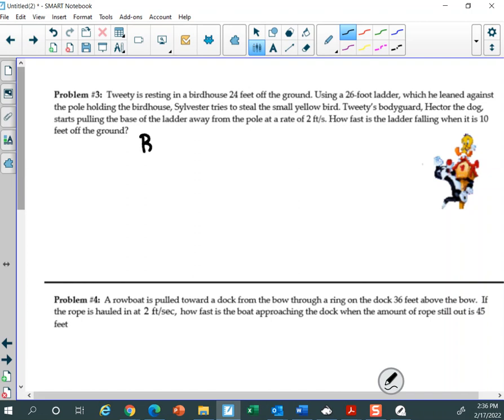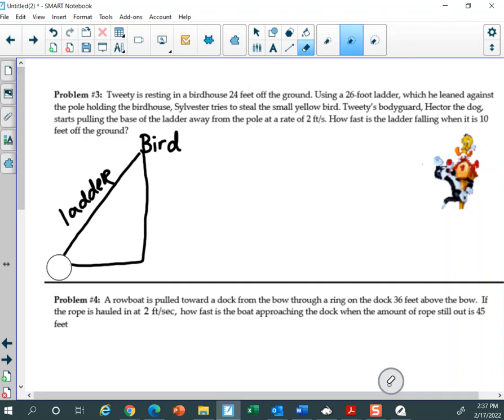So, we got the bird. And we got a ladder. And we got the ground. Okay. And this is where we're going to make not assumptions, but there's going to be some things we're going to have to go with that make the problem solvable in the way we're going to solve it.